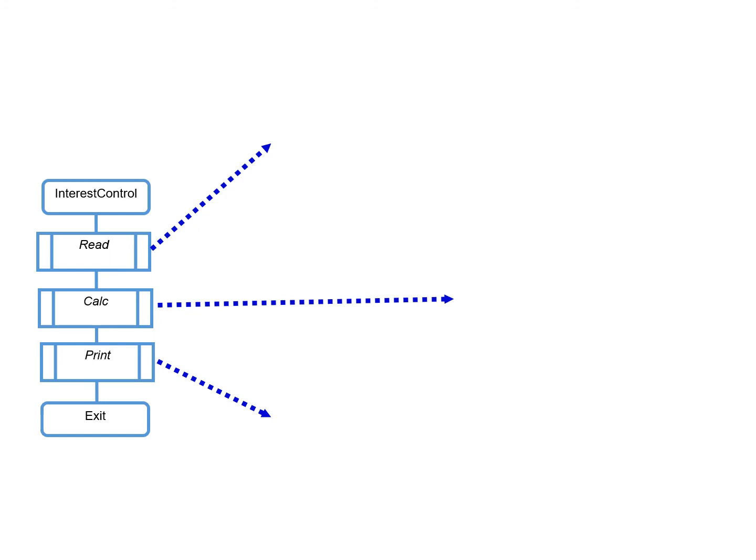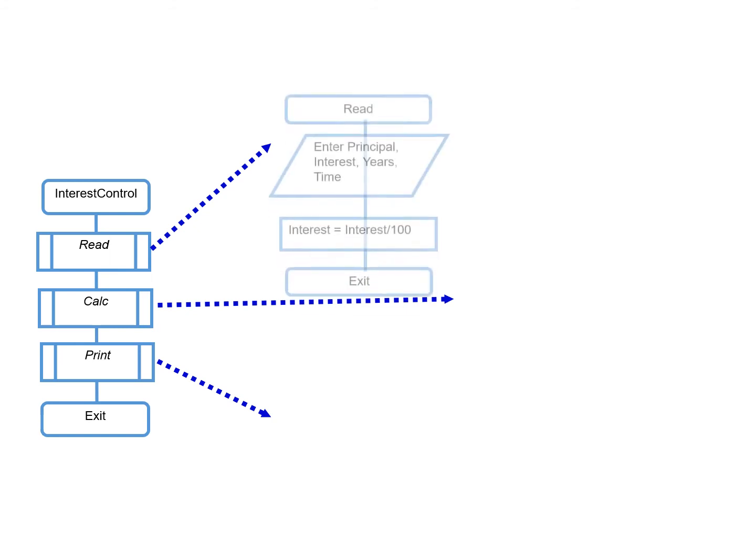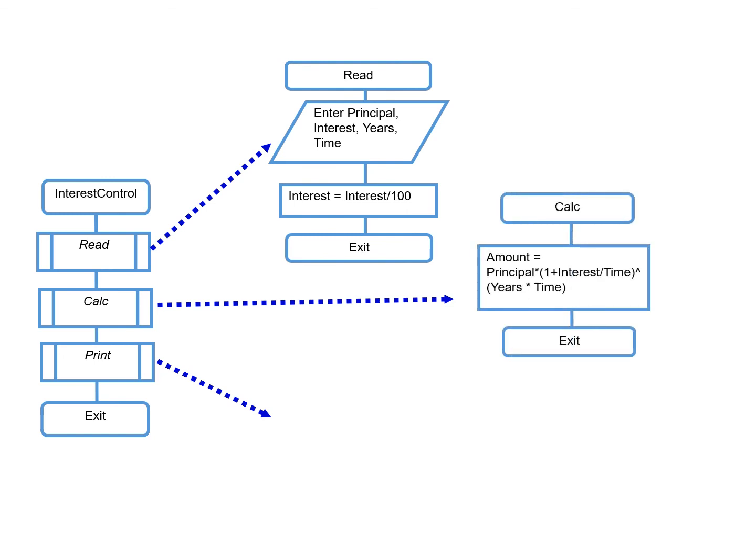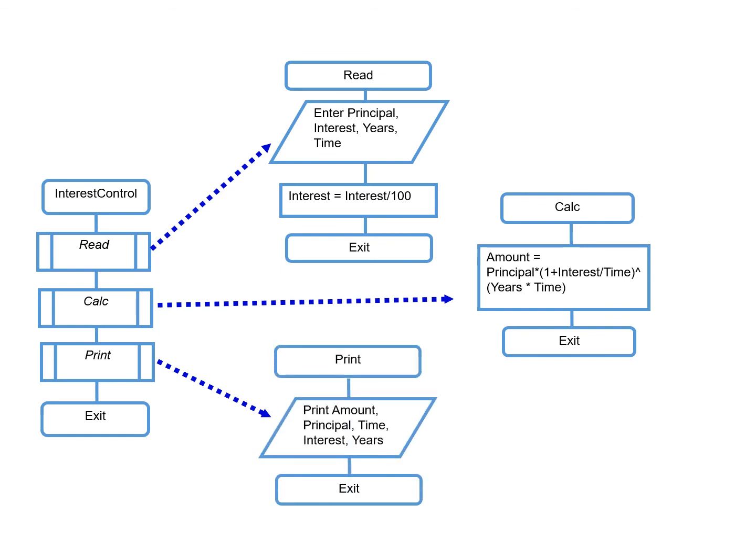For example, the read module will read the principal, interest, years, and time. The calculate module does some very basic calculation to get the total amount of interest, and the print module prints out the amount, principal, time, interest, and year.